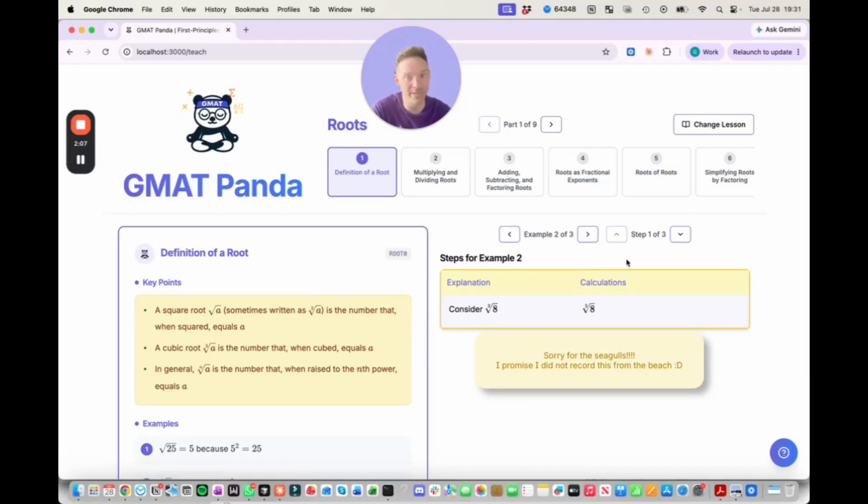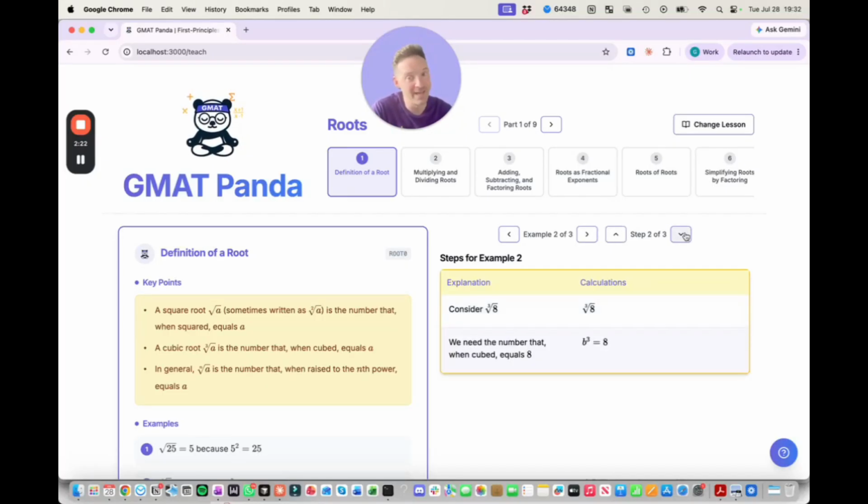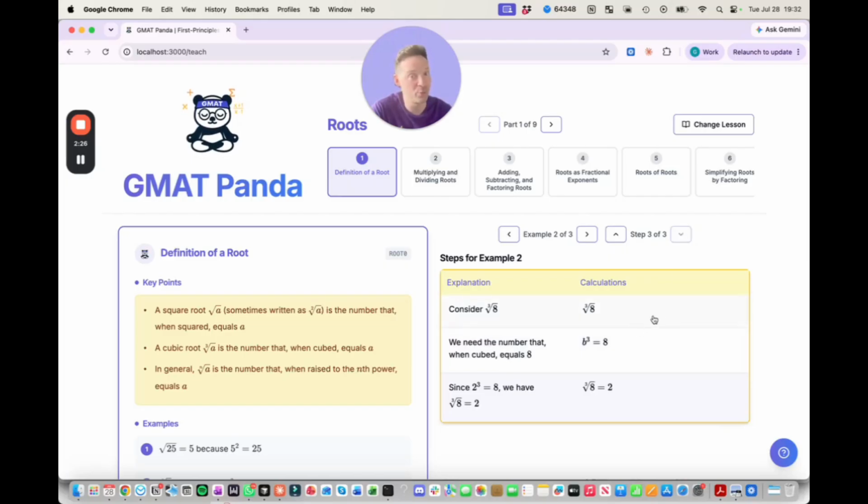One of them is the cubic root. In this case, we're going to look for a number such that when you cube it, you get the original number. Here, we're looking for the cubic root of 8, so we're looking for the number such that when you cube it, you get back to 8.